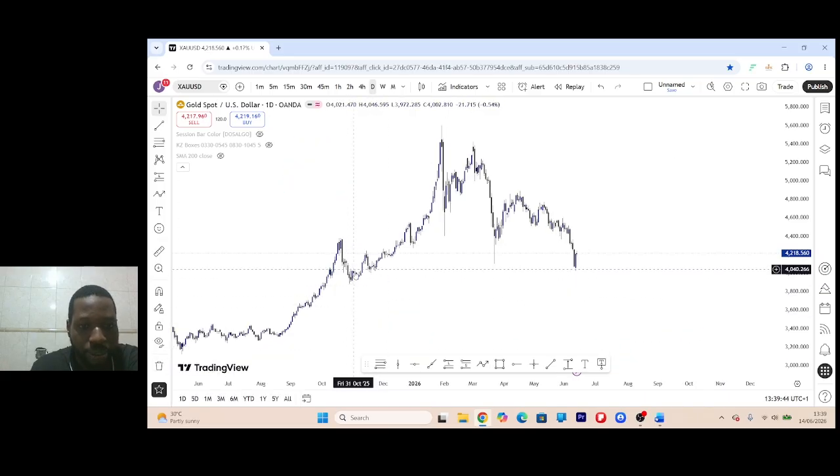Okay, so for instance, now you can see that this is actually a breakout block, right? And if you look at this, you have a combination of a head and shoulder pattern and a W pattern here.